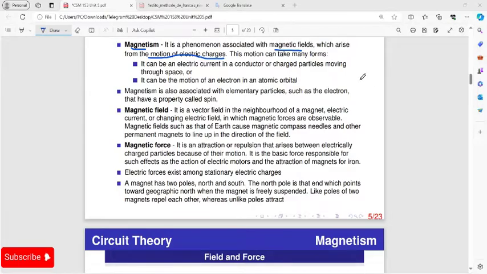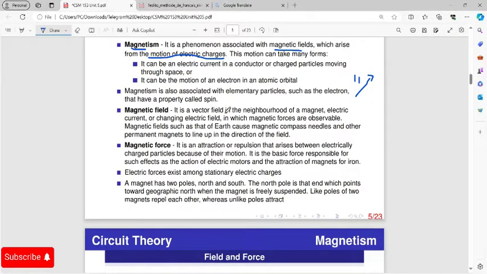A vector is any magnitude, like force. Let's say a force of value 11, which has a direction. So any magnitude that has a direction is a vector. Coming back to this definition, magnetic field is a vector field, with magnitude and direction.